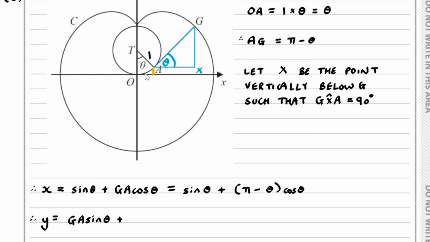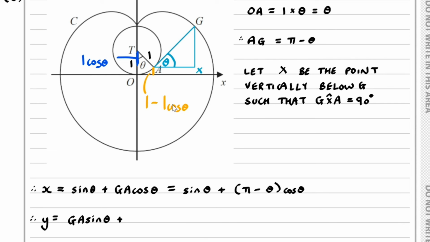Here we've also got 1, and we need to take away this bit over here. Now this blue length, we've got 1 cos theta, and so this bit over here is going to be 1 minus the 1 cos theta.